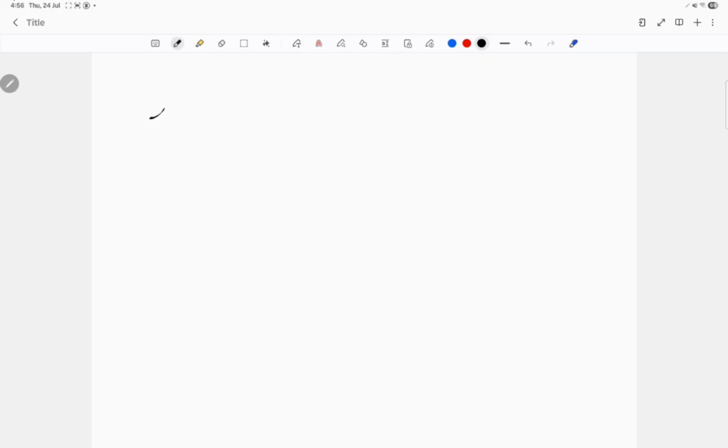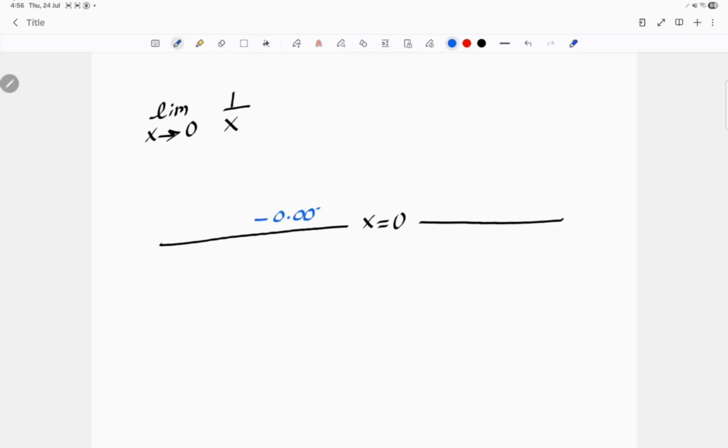Let's now do another one. Limit of x approaching 0, 1 over x. Let's assess it from the left of 0 and from the right of 0. Pick a number on the left of 0 that's very close to 0. Negative 0.001.